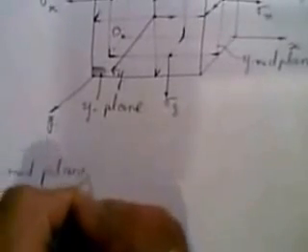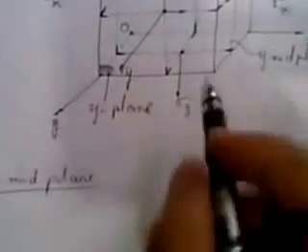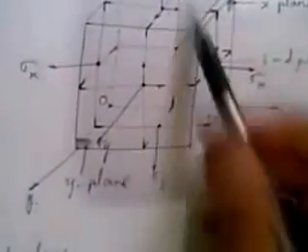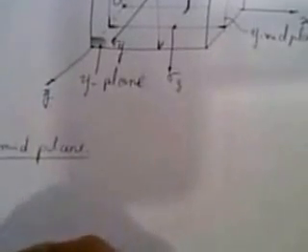Consider the x mid plane. Which one is the x mid plane here? This is the x mid plane. So if we draw it, the x mid plane looks like this.